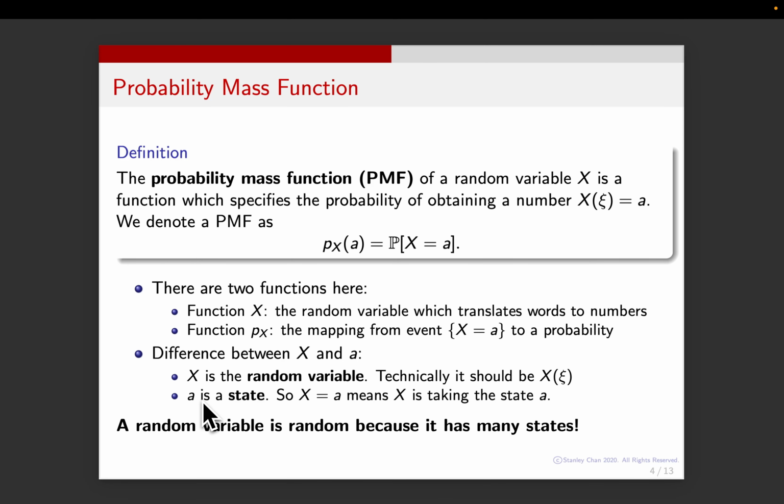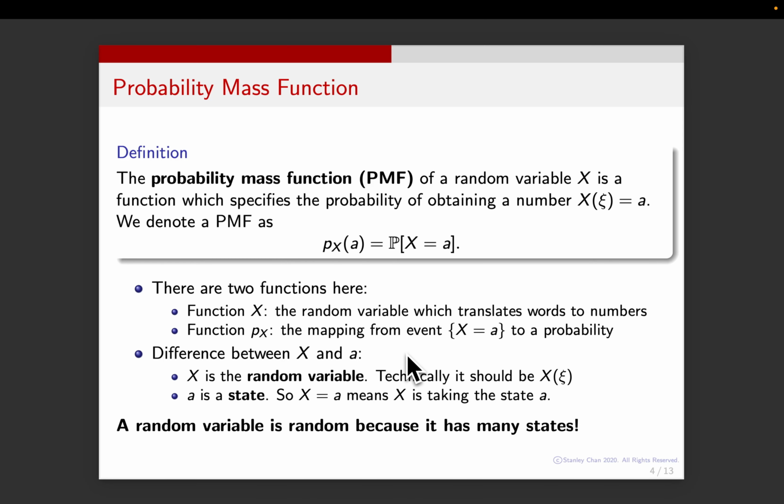For example, for the coin being flipped 2 times, what is the random variable X? X is the number of heads that you obtain in 2 coin flips. Whereas the possible states are a equal to 0, a equal to 1, a equal to 2. So the random variable X can take 3 states, which are denoted using this a.